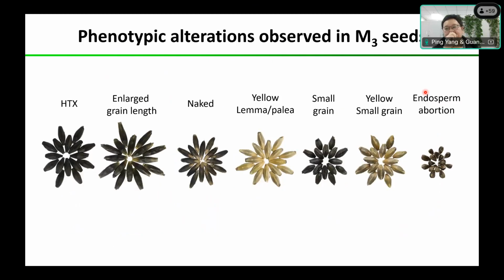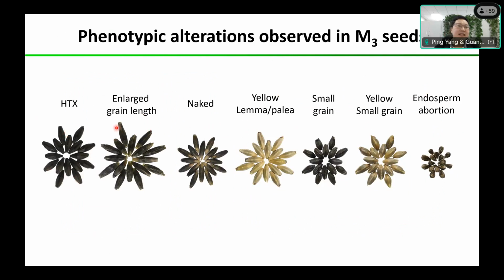In addition to the vegetative traits, we also pay attention to the caryopsis-related traits. As you can see here, these are seeds of HTX, and we also observe a large number of mutants showing caryopsis-related variations.